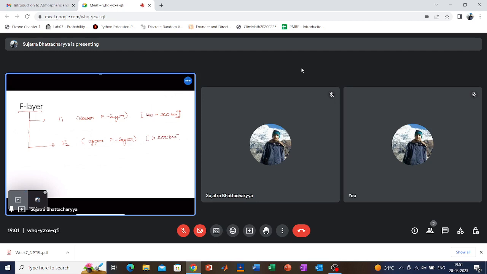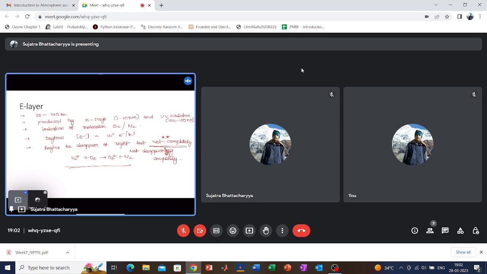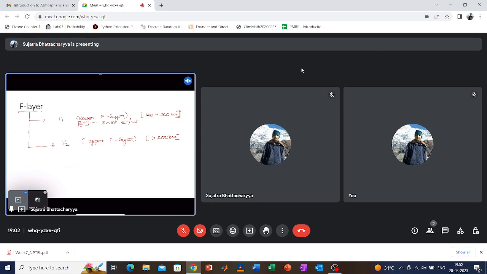Okay, and electron density over here is about, say, 3 into 10 to the power 11 electrons per meter cube. Not much difference between the E layer and F1. This is of the order of 10 to the power 11, slightly higher than this, but of the same order.